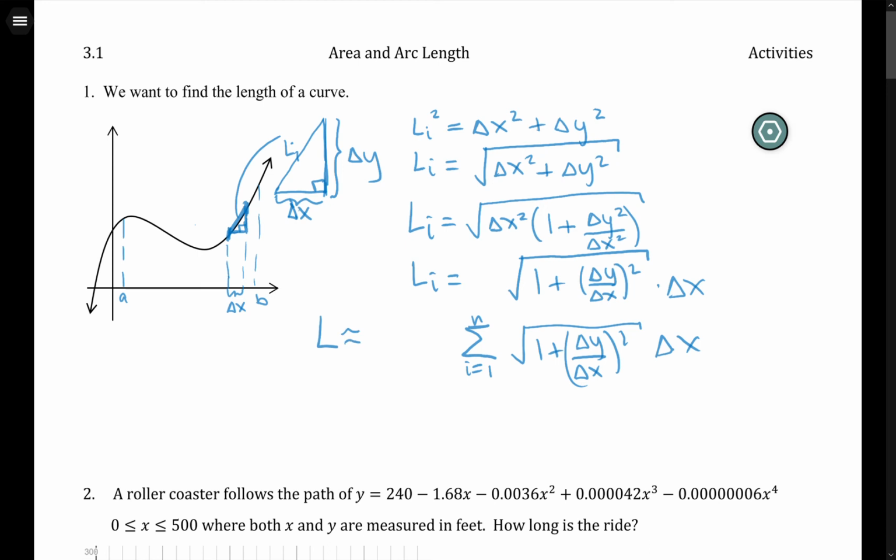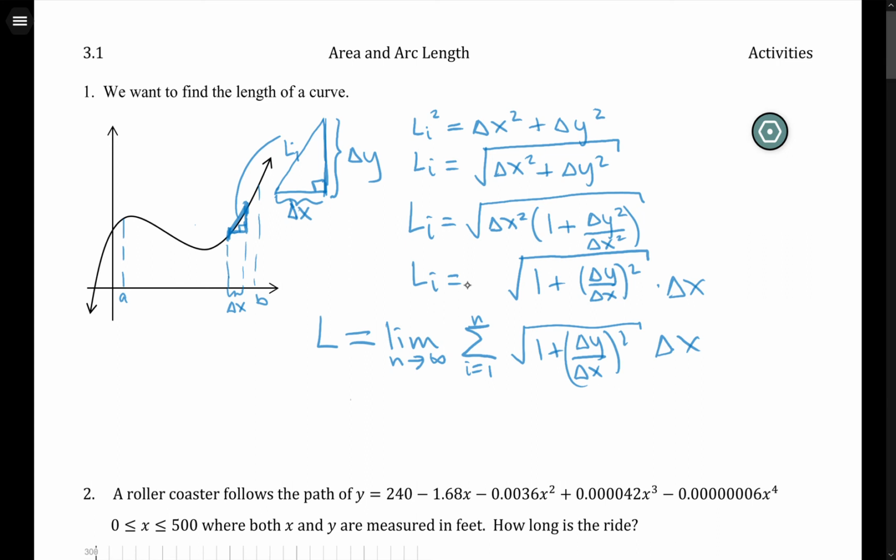If we want to make that not approximate but exact, we then need to take the limit as n goes to infinity. So we need to cut into infinitely many subintervals, making our delta y and delta x infinitely small.